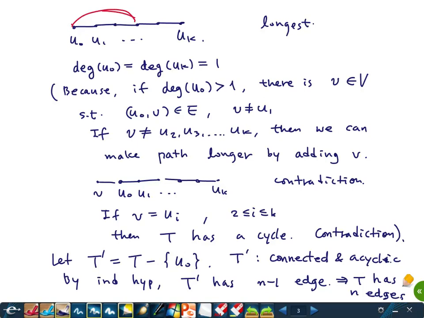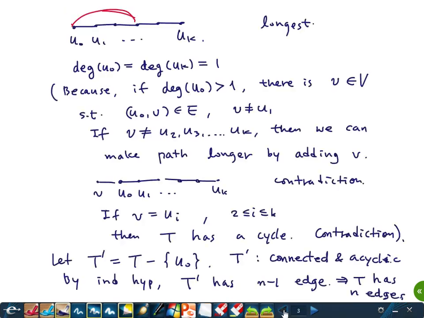And that's the proof that 2 implies 3. Is this okay? For trees, it's a very common technique: find the vertex of degree 1 and try to remove it to get the induction hypothesis or things like that.